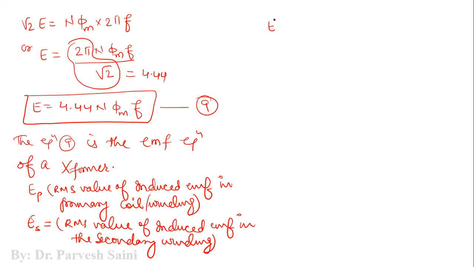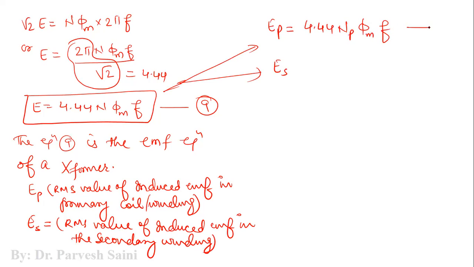So by relating this equation here, we can have both EP and ES. So EP would be equal to 4.44 NP phi m f. This is equation 10, and ES would be equal to 4.44 NS phi m f. So this is equation number 11.